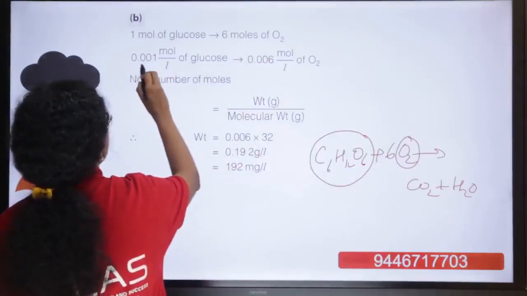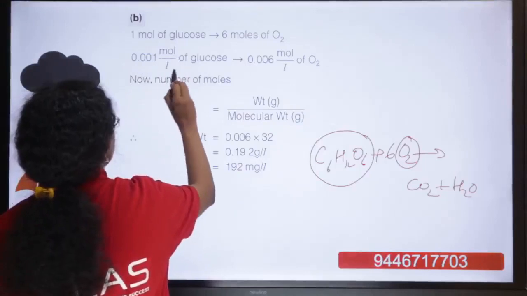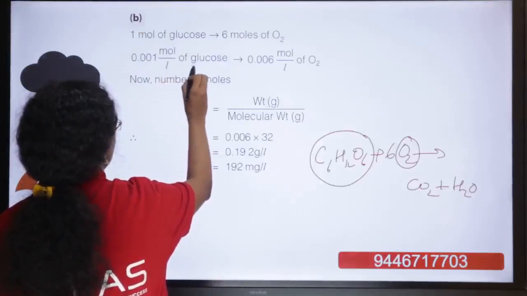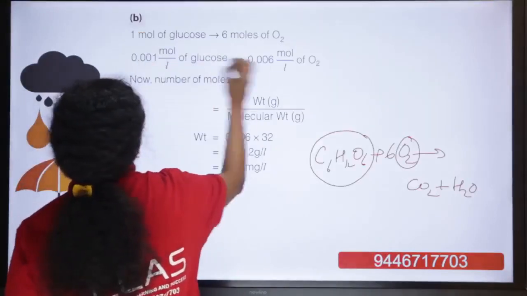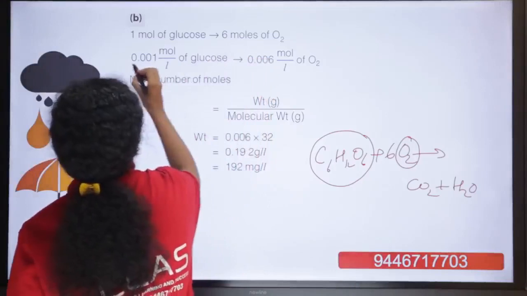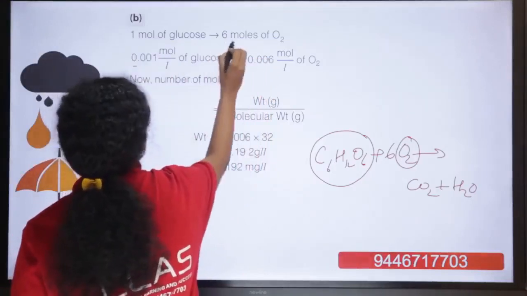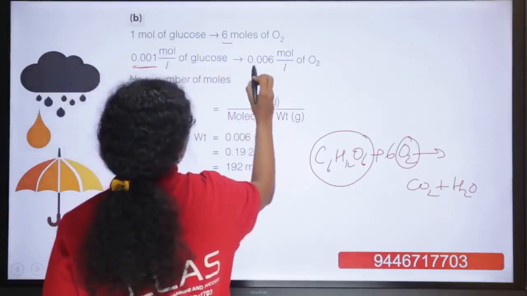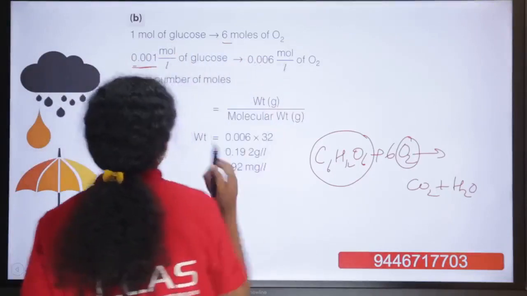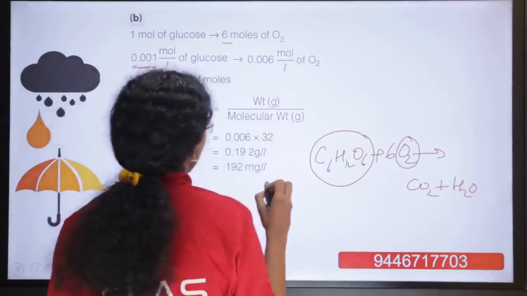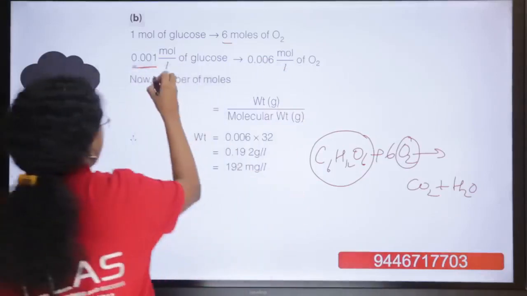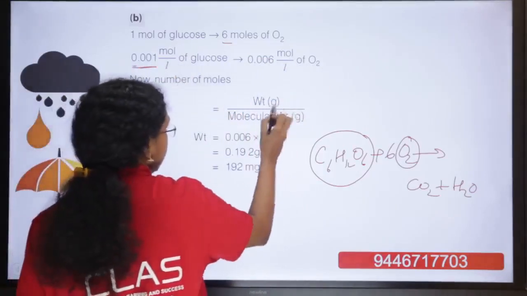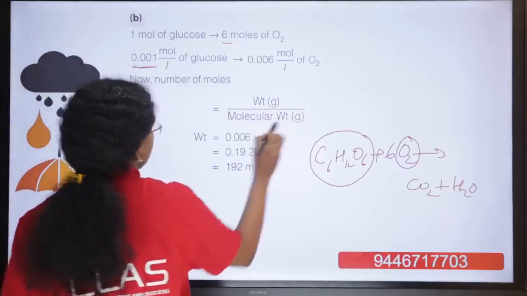Therefore, 0.001 mole per liter of glucose, which is the one given in the question, requires, we have to multiply the right and left hand side with 0.001. 1 mole requires 6 moles of oxygen, so 0.001 will require 6 into 0.001, which is 0.006 mole per liter of oxygen. Now, there is a formula to find the number of moles, which is equal to the weight in gram divided by the molecular weight in gram.